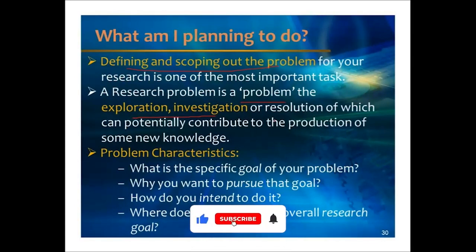We need to give a solution for that particular problem by producing some new knowledge. The problem here is like the classroom examples I already told you: a dustbin, classroom attendance entry, or maybe you can track where your brother or sister is going. You can make a tracking application for that.